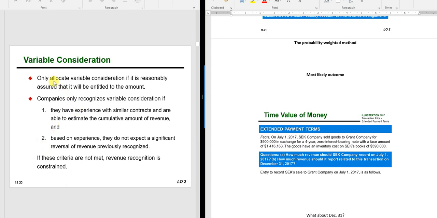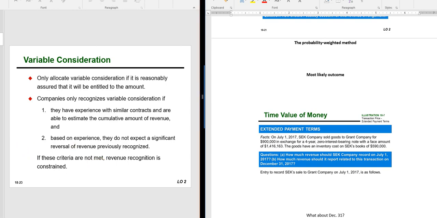Okay, so you only allocate variable consideration if it's reasonably sure that you will be entitled to the amount, and you only recognize variable consideration if they have experience with similar contracts, and we can make an estimate, in other words. Okay, if you do not meet these criteria, then your revenue recognition is constrained. You can't do it. So anyway, we don't want to recognize revenue that we won't meet.